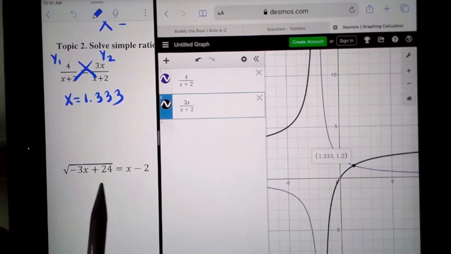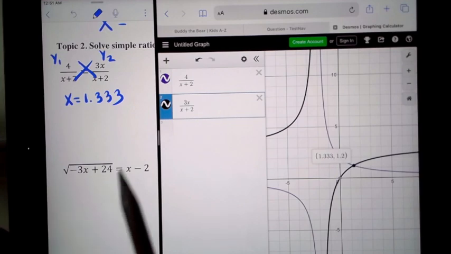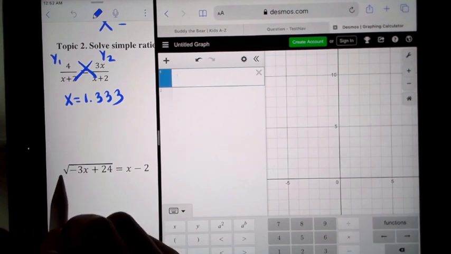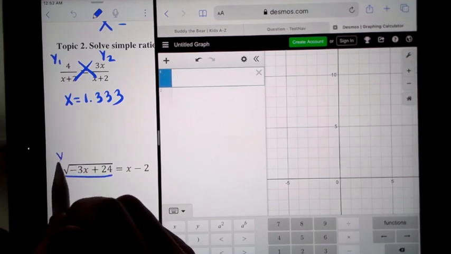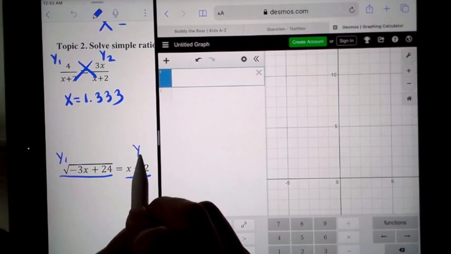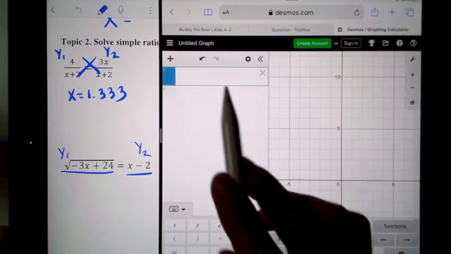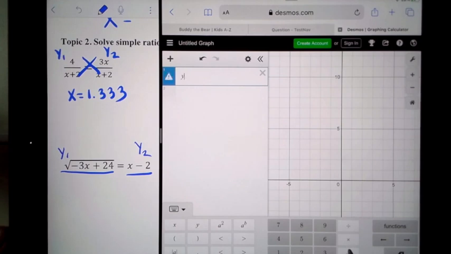And then my second question, this one, radical equation. Same thing. Left side, I will use this for my y1, that for my y2. So y equals square root of, it's right here, negative 3x plus 24.